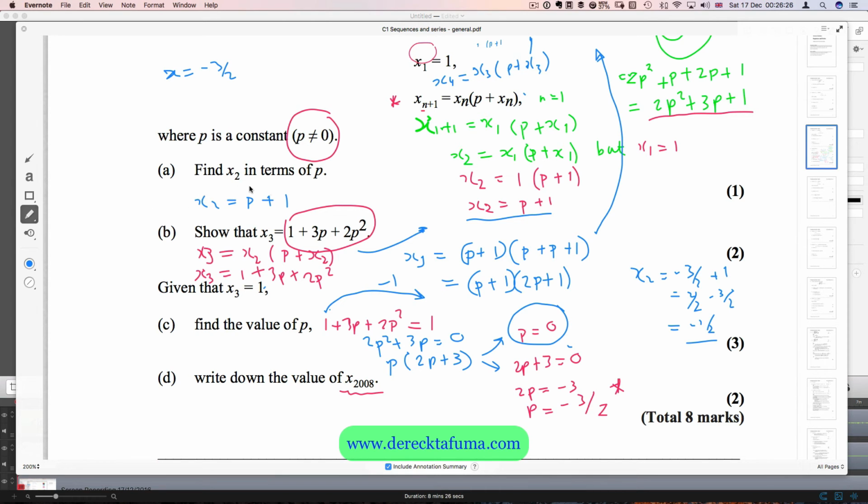Okay, so we're getting a 1 for odd numbers of that number, and we're getting a minus half for even numbers, and that's an even number, so it's going to be minus half. Okay.